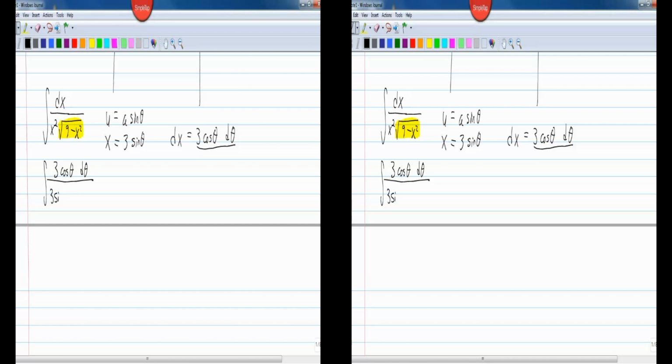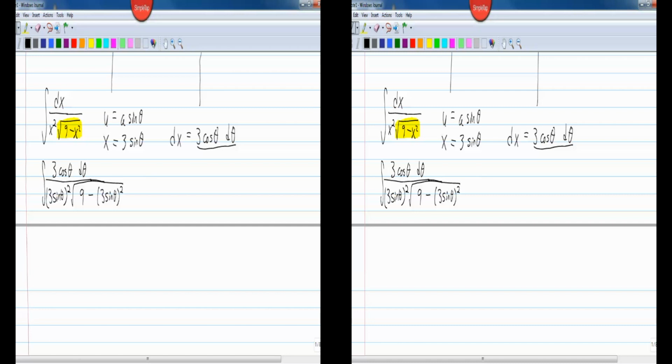So that's going to be 3 sine theta squared, because that's x squared. And then it's going to be times the square root of 9 minus, now plug that in, again, 3 sine theta squared. Now, the stuff under this radical is going to simplify.